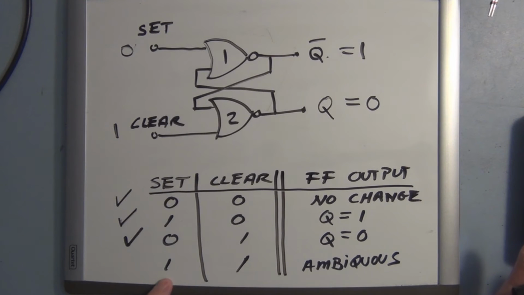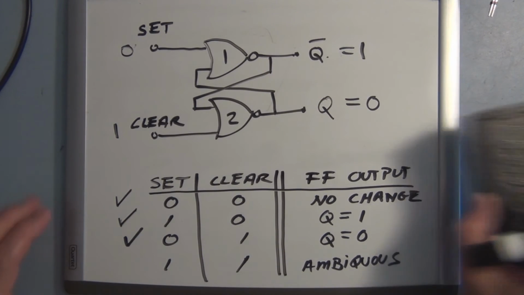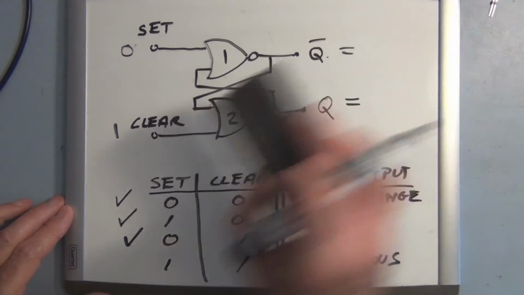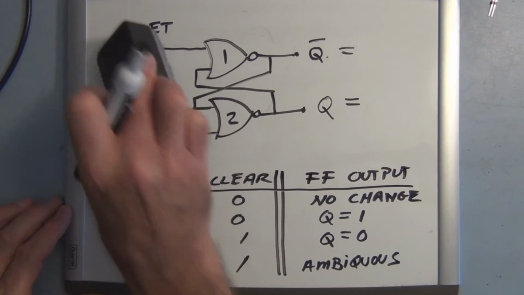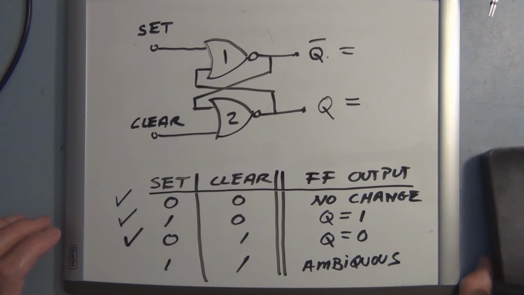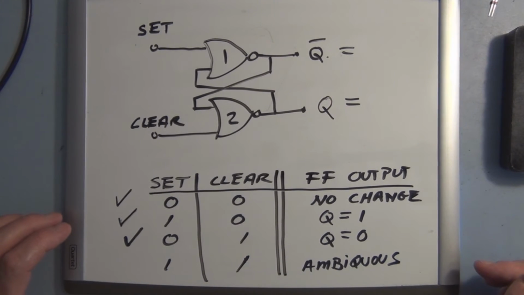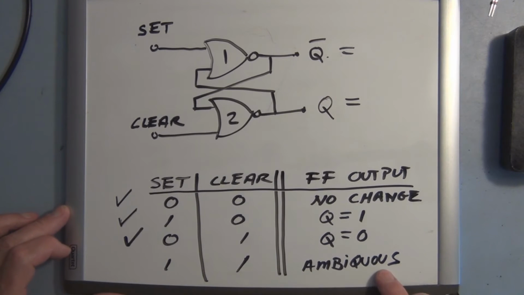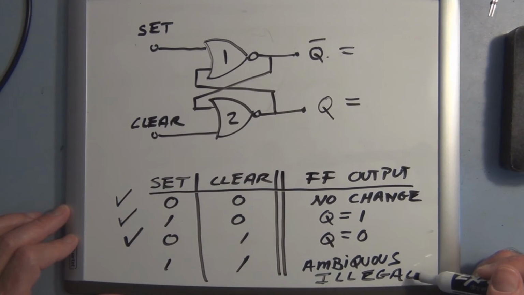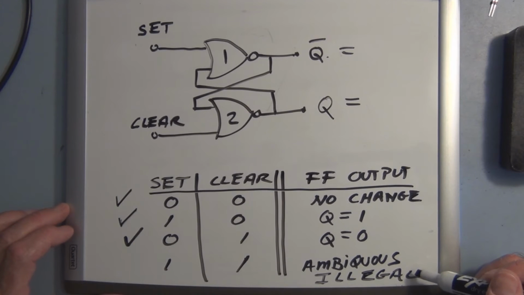Now let's take a look at the condition where set and clear both equal to 1. We've defined a flip-flop as having two outputs that are the opposite of each other. So in addition to calling this ambiguous, it should be called illegal, because by definition, this doesn't fit the definition of a flip-flop.